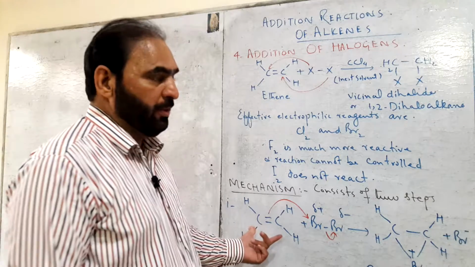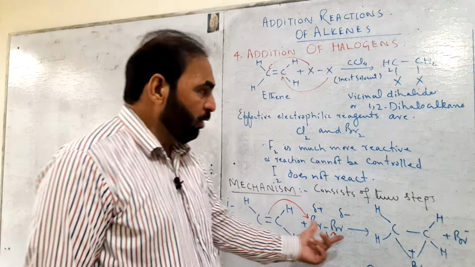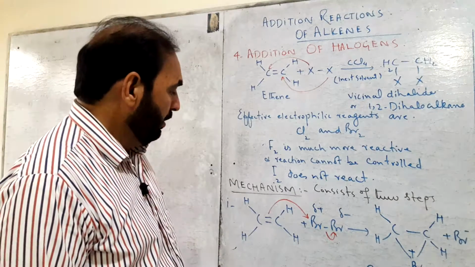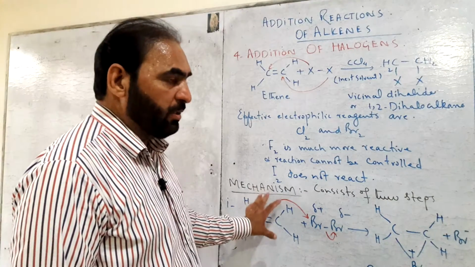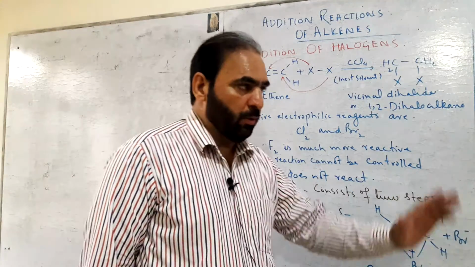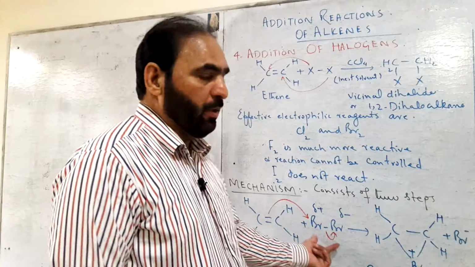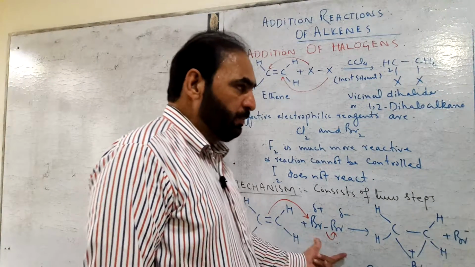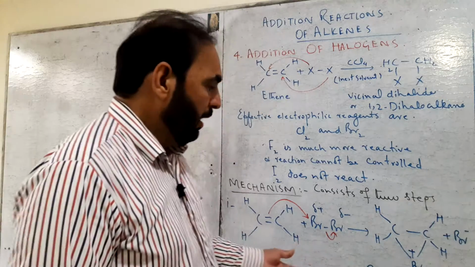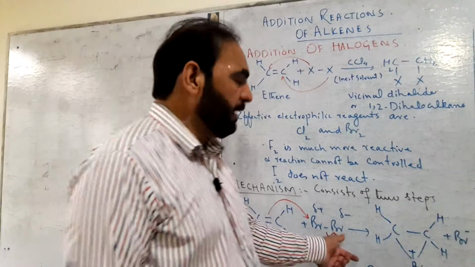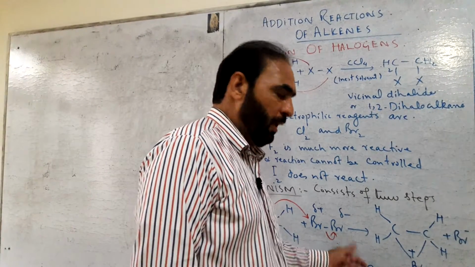In the first step, when the bromine molecule comes close to the ethene molecule, pi electrons of ethene repel the electron cloud of the bromine molecule, and the bromine molecule gets polarized. This polarized bromine molecule has a partial positive center on one bromine atom and a partial negative center on the other bromine atom.